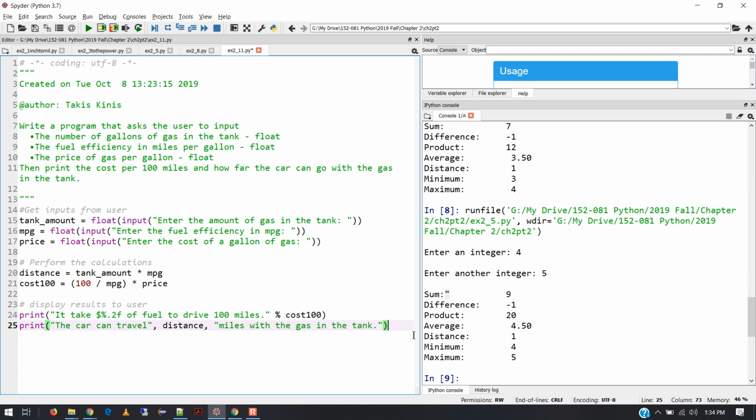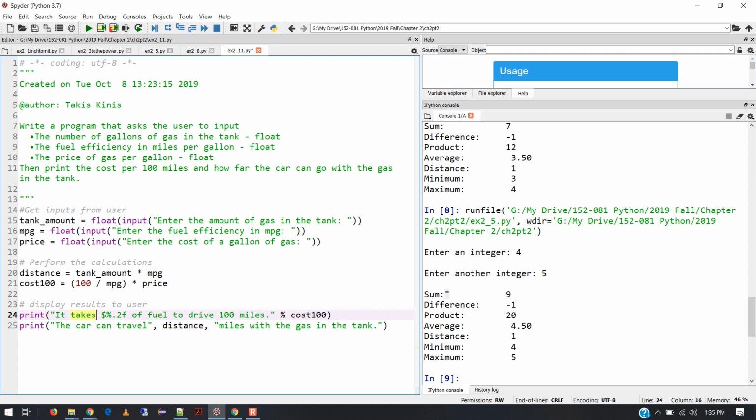So for the first statement, I said how much fuel, and notice I have the formatting in there. I have a dollar sign because it's money, right? And then I also have the 0.2f so that we can show, you know, it might take 3.5 gallons or whatever to drive 100 miles.